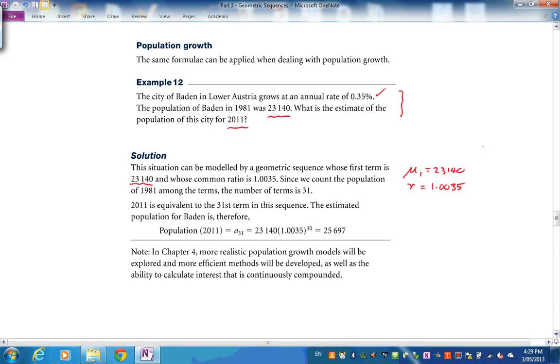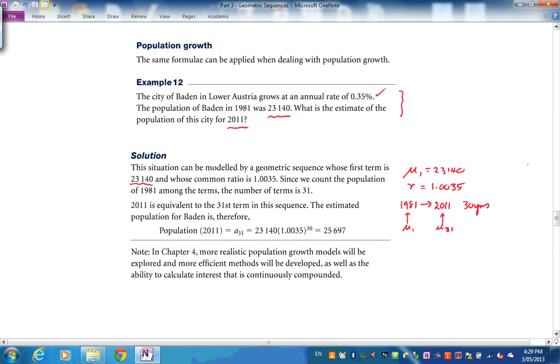Now we want to go from 1981 to 2011. 2011 take 81 is 30 years. But counting this as mu1, this will be mu31, counting the ends inclusively.